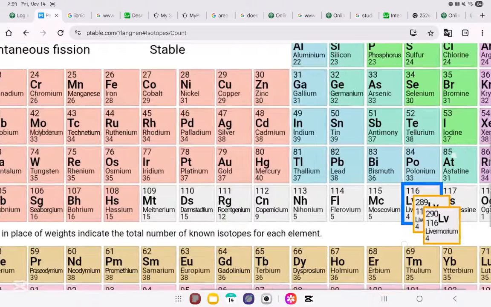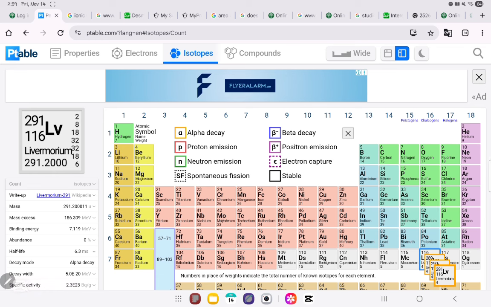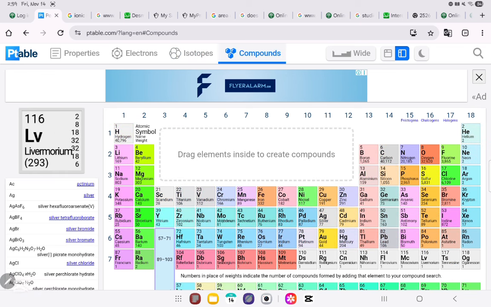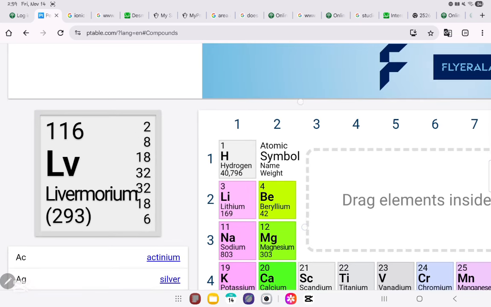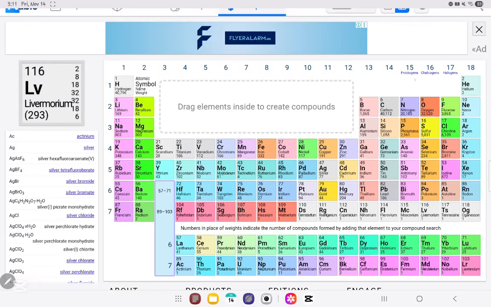This is giving me the isotopes, and I don't want the isotopes, so let me go to compounds. I will find livermorium, and I will see that the atomic number is 116, and it is in group 6, period 7.